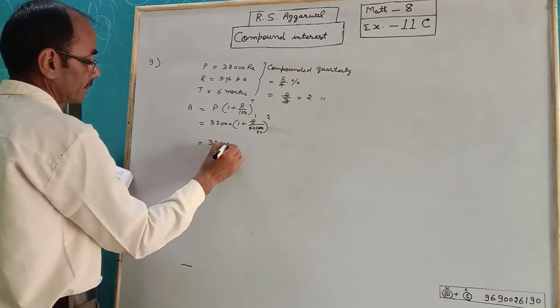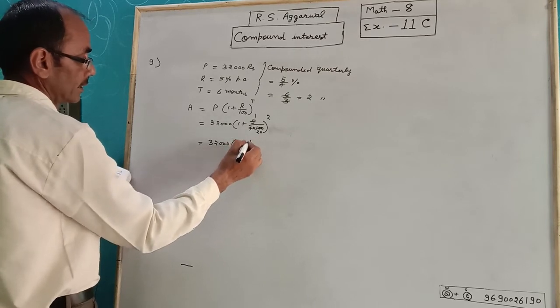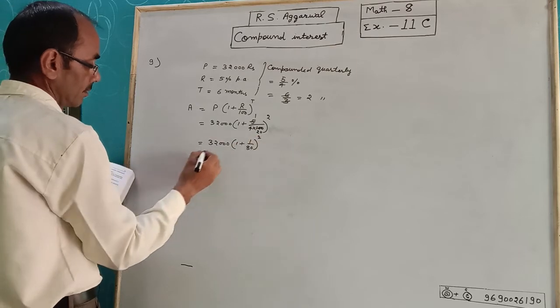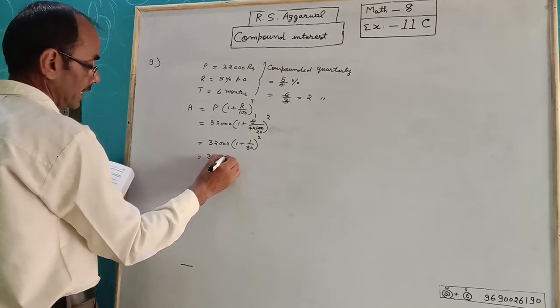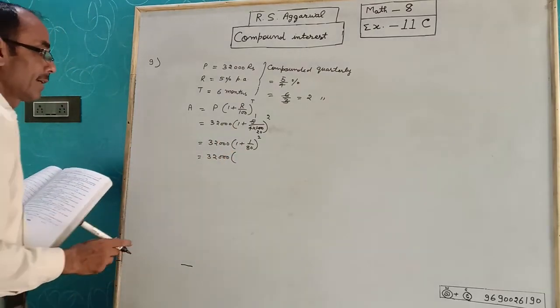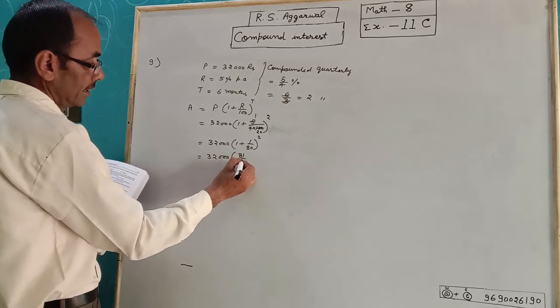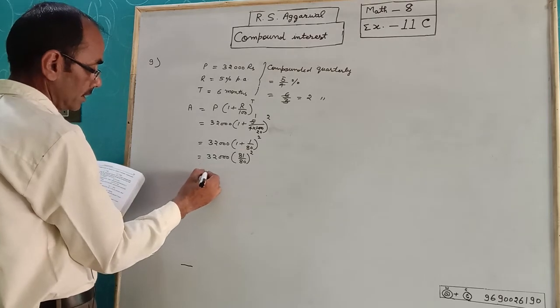32,000 (1 plus 1 upon 80) power 2. 32,000, 80 plus 1 is 81 upon 80 power 2.